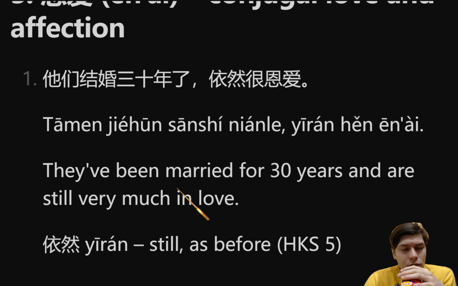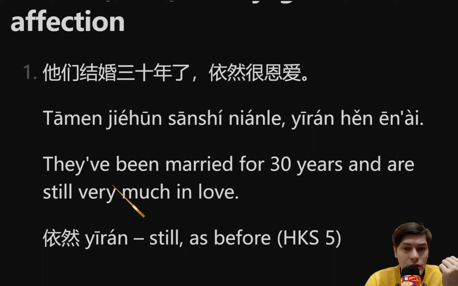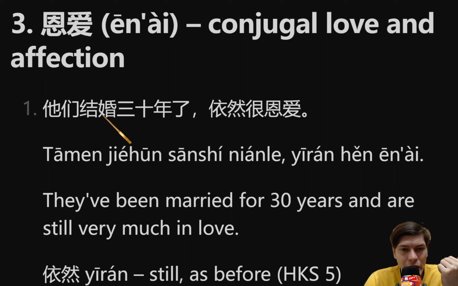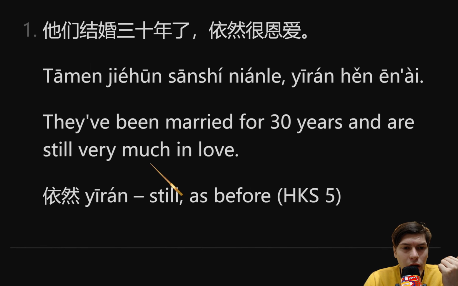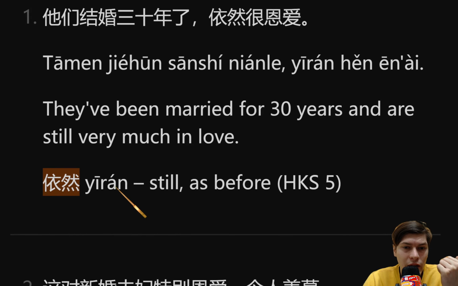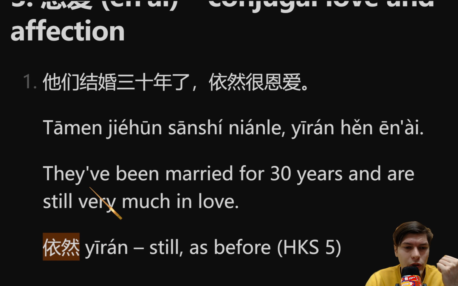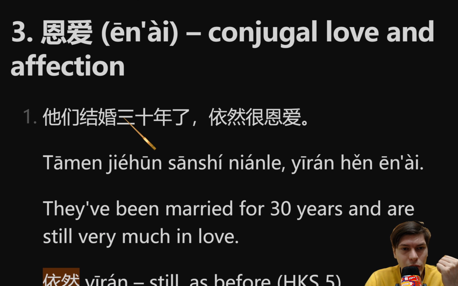They have been married for 30 years and are still very much in love. 他们结婚30年了，依然很恩爱。恩爱. 依然 means still, as before, the same as 仍然, which could also be still. Okay, 依然. 他们结婚, they married 30年了, already 30 years.